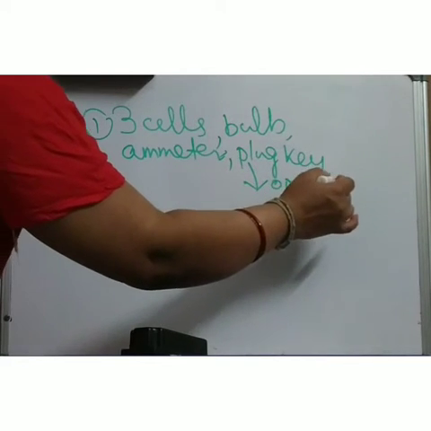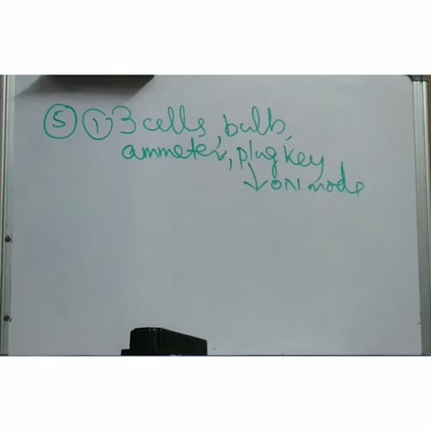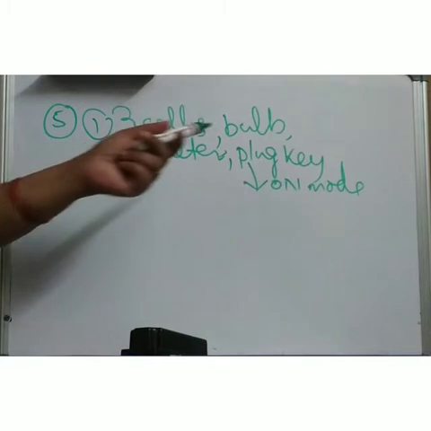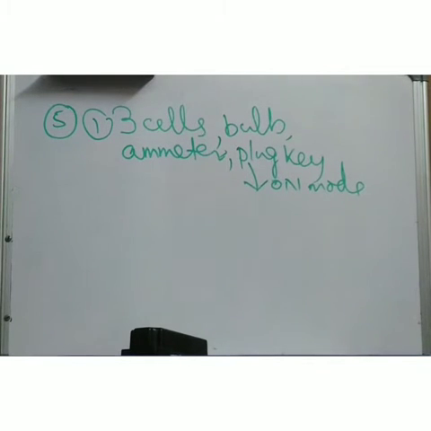So you have to draw a circuit diagram: 3 cells, 1 bulb, ammeter, plug key, and that plug key is closed, switched on.